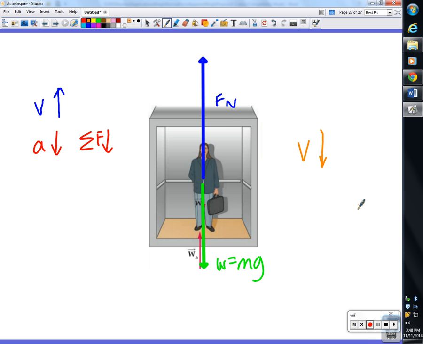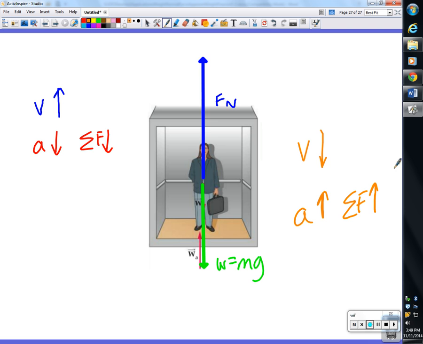To slow down, you need to have acceleration in this direction. The only way to get acceleration upward is if you have net force upward, and that only happens if the normal force increases.